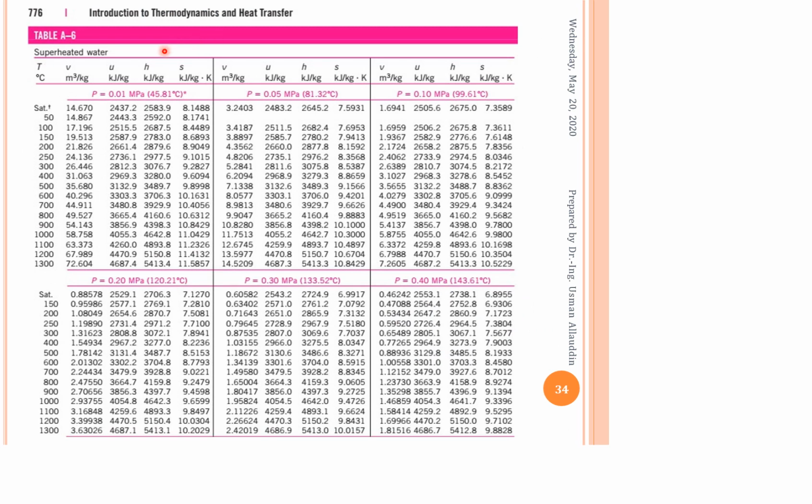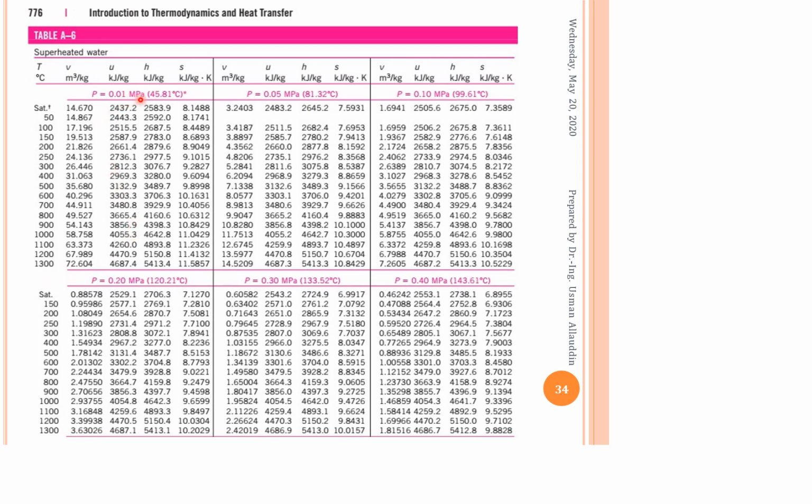So here we have a superheated table, which is table A6. Here you have the temperature. In table A4 your temperatures end at 120 degrees Celsius. After that, here we have the values till 1300 degrees Celsius.